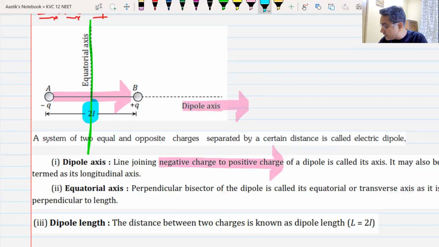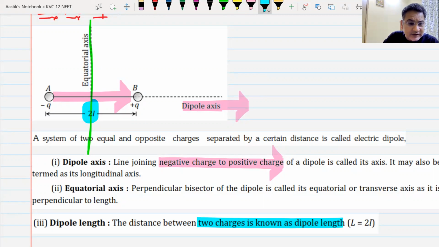The distance between the two charges is known as the dipole length. You can call it capital L. In this case, capital L is 2L. The distance between the two poles is known as the dipole length.